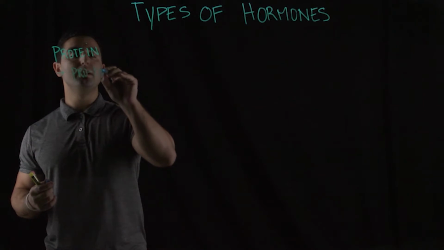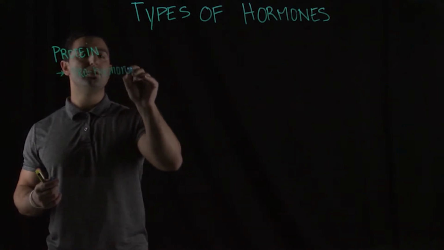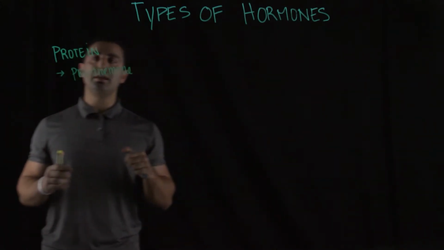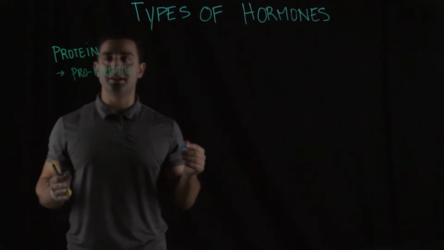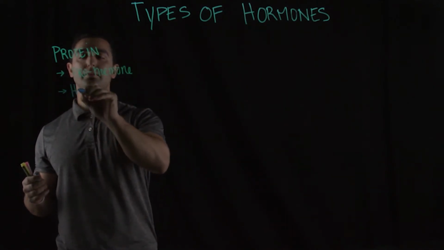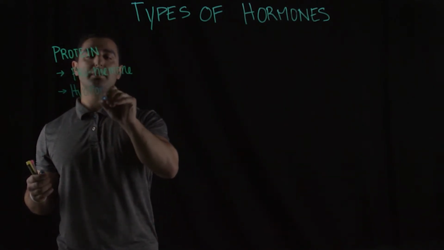Prohormones need further regulation in order to have the actual function. They need some kind of cleavage. So what's unique about the chemical structure of the proteins? Proteins are hydrophilic. Do you remember what hydrophilic means?